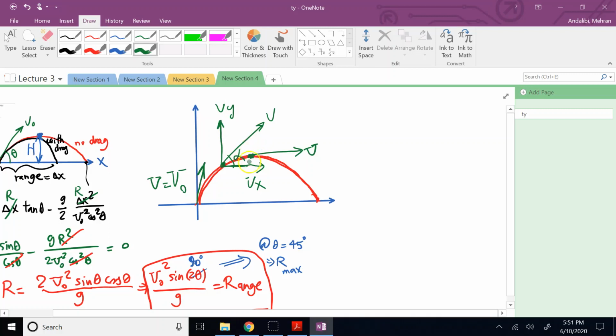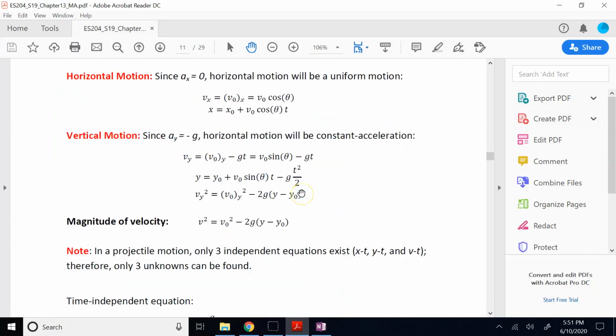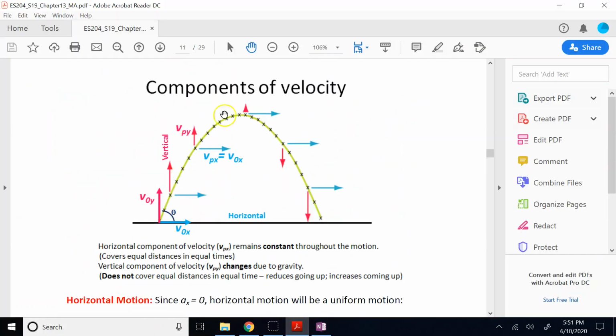Since I'm not going up anymore, all I have is vx at this point. There is no vy. That's the figure that I have also in the lecture, which is a very nice figure. At the beginning, you have both the x component and y component, because your theta is not 0 or 90 degrees.